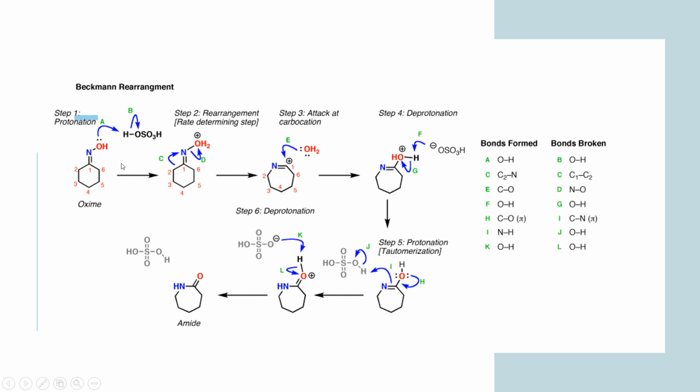Okay, since this oxime C=N double bond is in E form, consider it in E fashion, and always shift the alkyl bond which is anti to the OH. Okay, this bond is anti to this OH, so you have to shift this alkyl to the nitrogen.